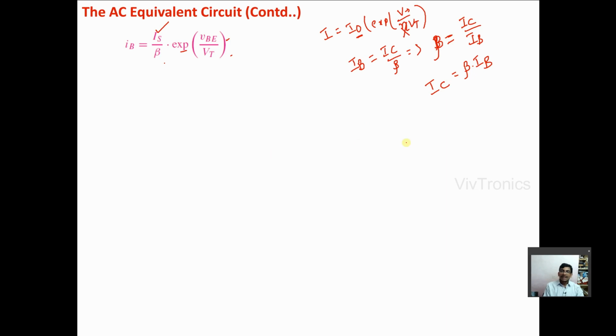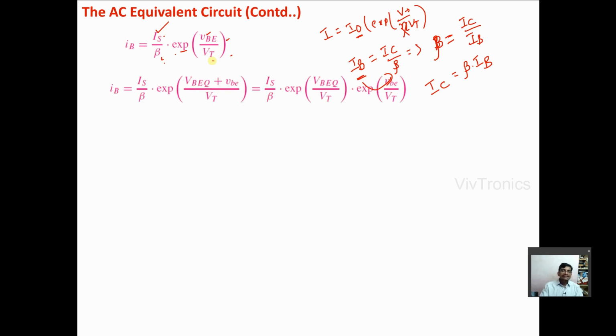Similarly, this expression we are going to use here: Is by beta. IB can be represented as IC by beta, which is represented as Is by beta into exponential of VBE by VT. Here Is is the reverse saturation current, beta is the forward current gain of the transistor, VBE is the base to emitter voltage, and VT is the volt equivalent of temperature.